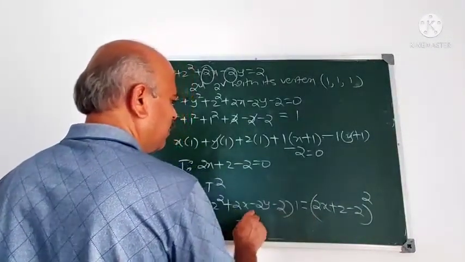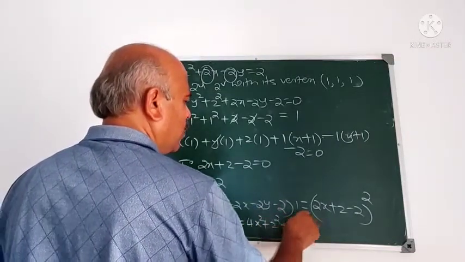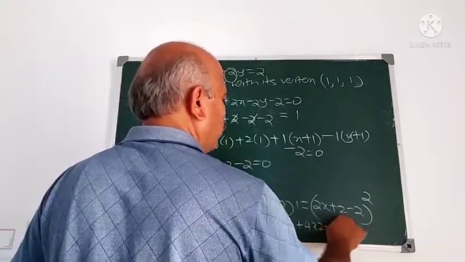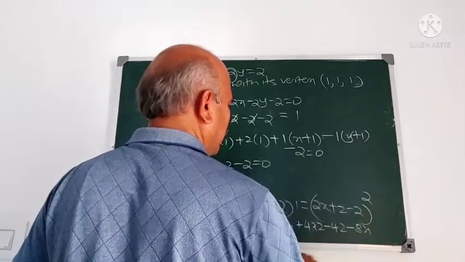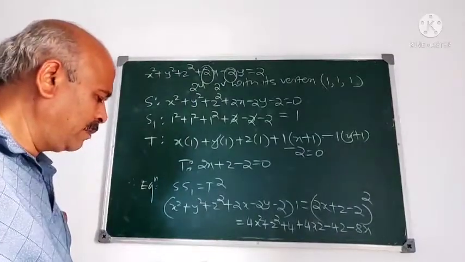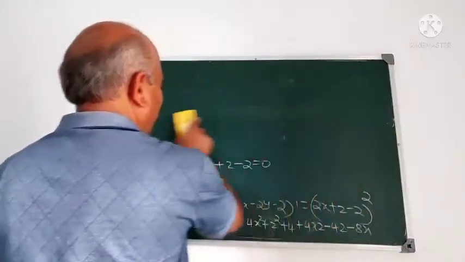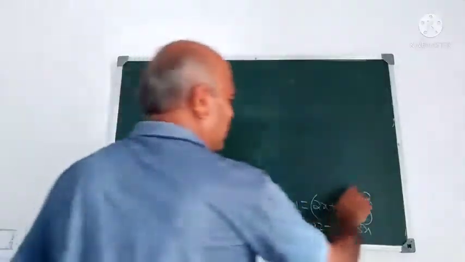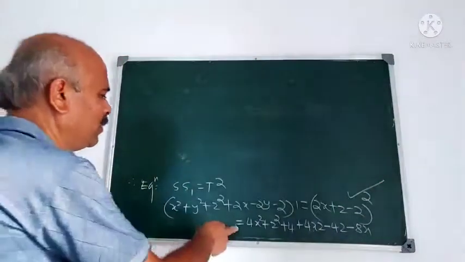The right hand side is 4x square plus z square plus 4 plus 4xz minus 4z minus 8x. At this step only, you can take this as the answer. This is the answer.